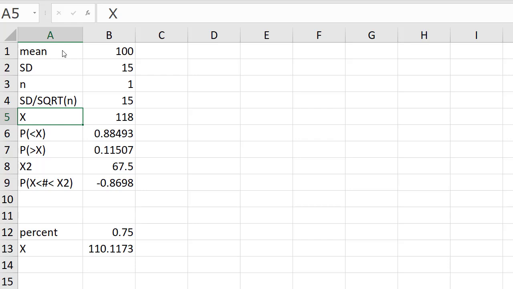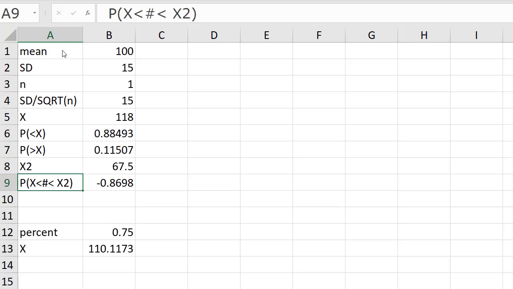And then we can make some calculators that will do the math for us. So in the cell next to this, I'm going to find the probability of being less than that x value or greater than that x value. And then if I need to do an in-between, well, then I need to know what my second x value is, or my second z-score, so I just called it x2. You can call it whatever.